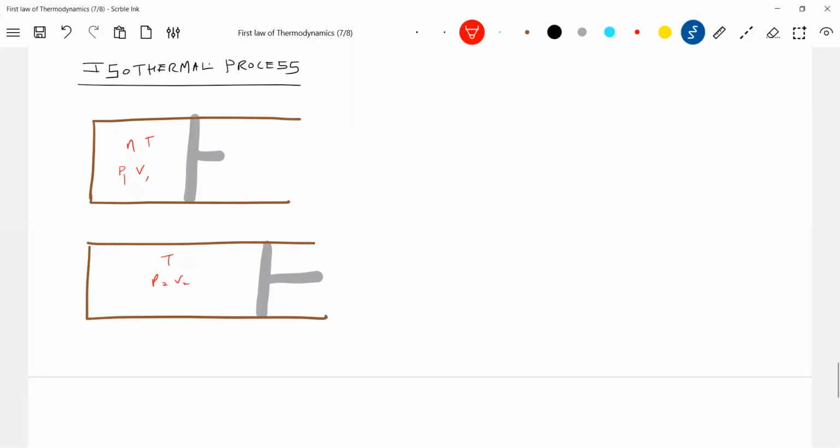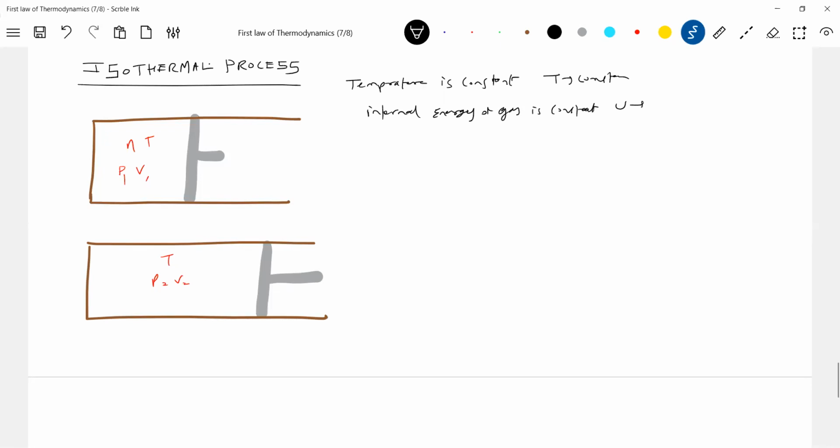It is a process in which the temperature of the gas remains constant. Temperature is constant, so T will be constant. The internal energy of the gas remains constant, so therefore U is also constant. As temperature is constant, delta T will be 0. As internal energy is constant, delta U is 0.